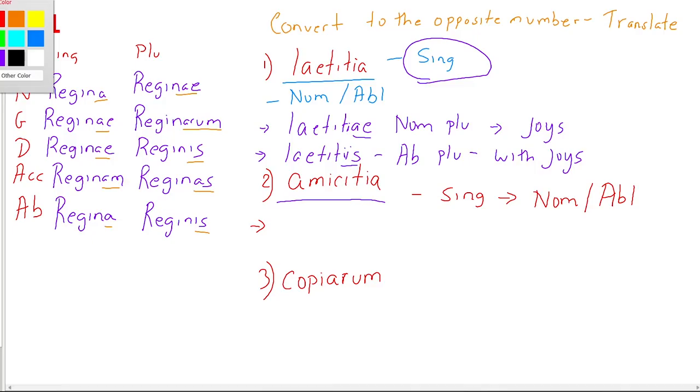Now as we said, the focus should be on the plural. So, what is the nominative plural of amicitia? Amicitiae.